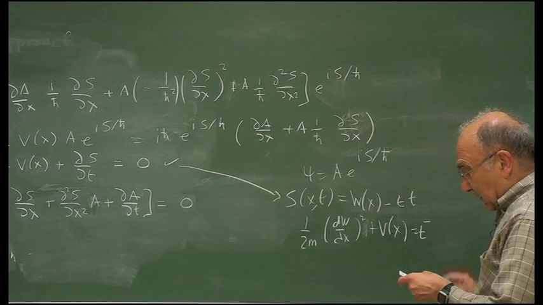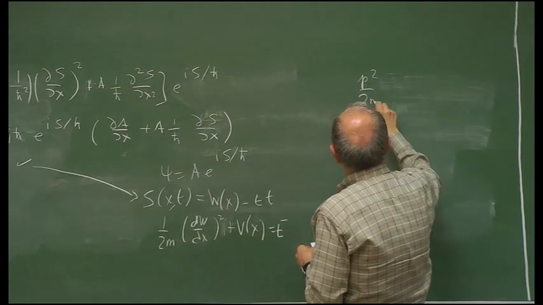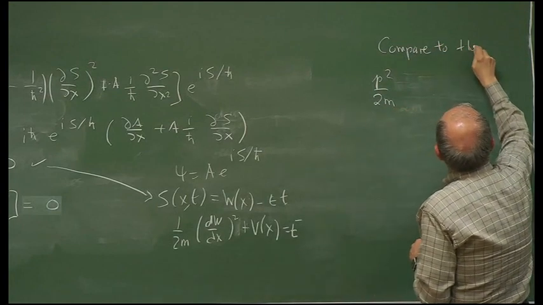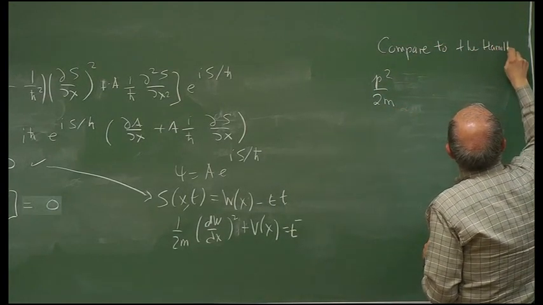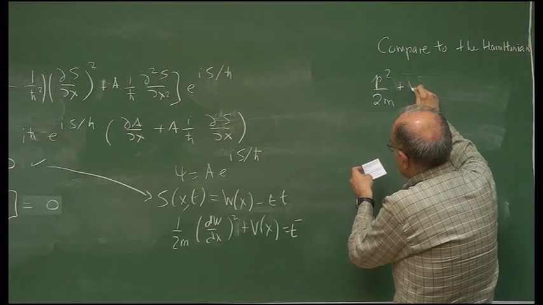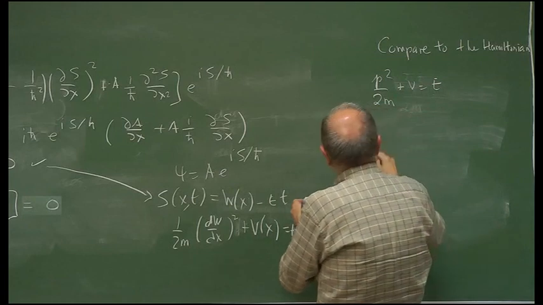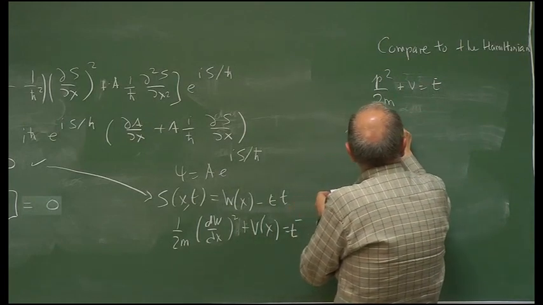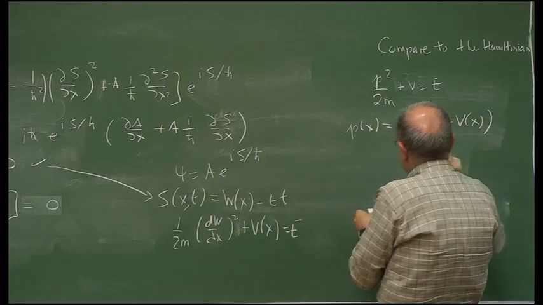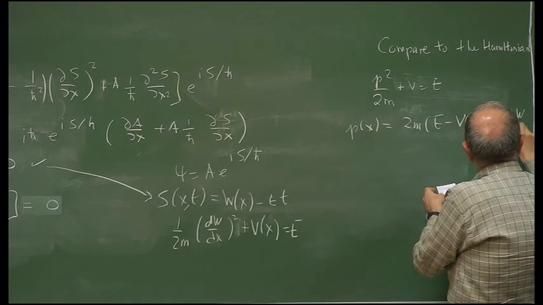Now, if you compare this to the Hamiltonian, namely p squared over 2m plus V is equal to E, we see that really p of x is the square root of 2m times E minus V of x, and actually it happens to be also dW by dx.